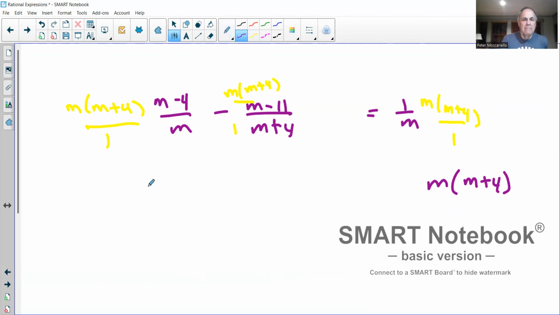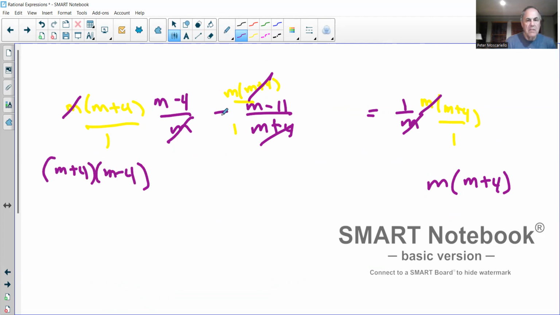Okay. Cancel. M's are gone. Cancel here. M plus 4's are gone. Cancel here. The M's are gone. You notice the denominators are all ones, so you don't need the denominator anymore. What have I got? M plus 4, M minus 4, minus M minus 11 equals M plus 4.